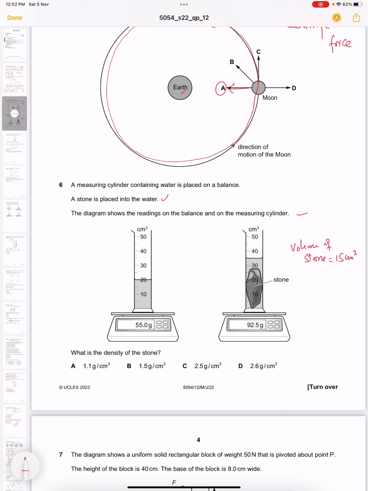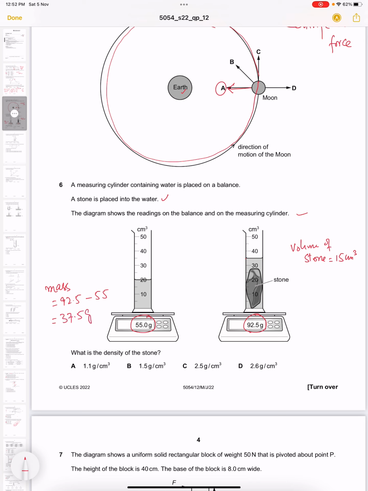And the mass reading of the measuring cylinder and water without the stone is 55 gram. Now it is 92.5 grams. Subtracting both of these masses, 92.5 minus 55, we get the mass of the stone, which is 37.5 grams.